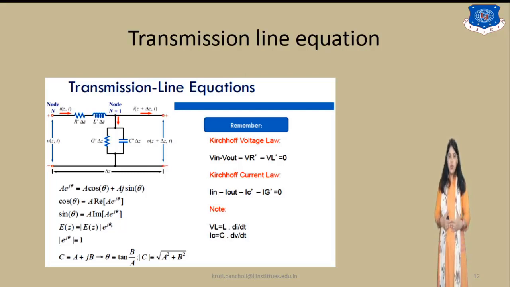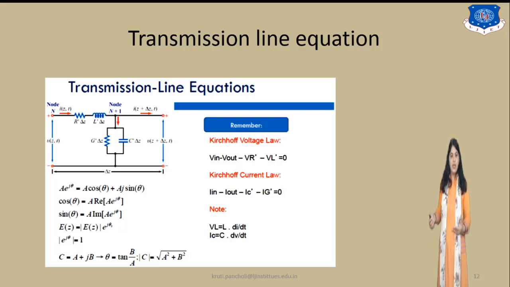Kirchhoff current law: I in minus I out minus IG dash minus IC dash is equal to 0. We can note that VL is equal to L di by dt, and IC is equal to C dV by dt.